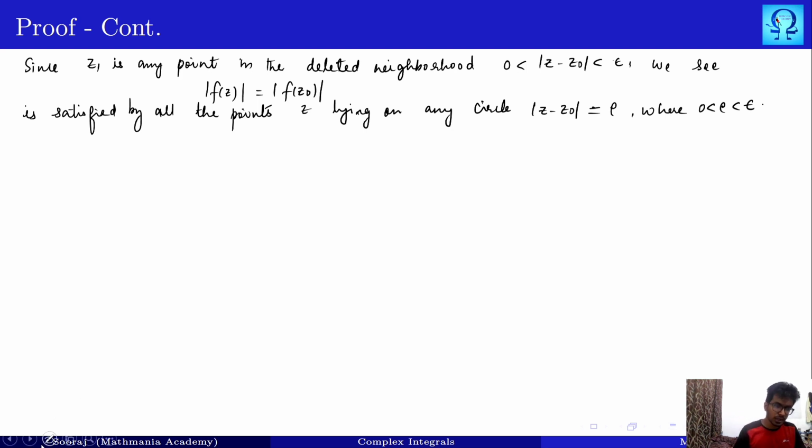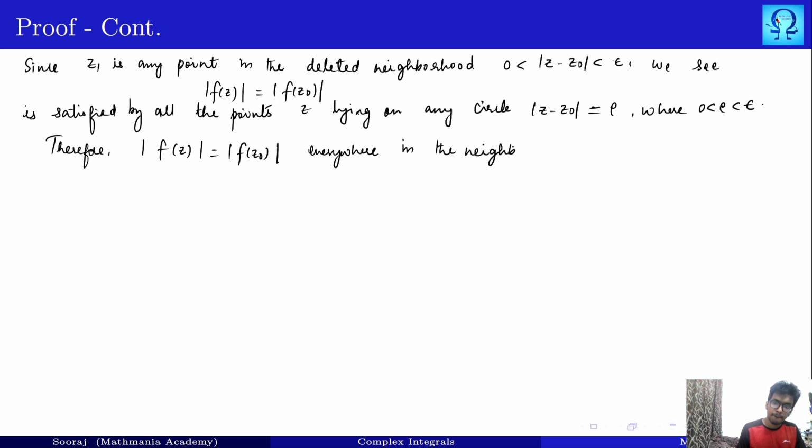So with which what we can conclude is that absolute of f of z equals absolute of f of z naught everywhere in the neighborhood, absolute of z minus z naught less than epsilon, right?